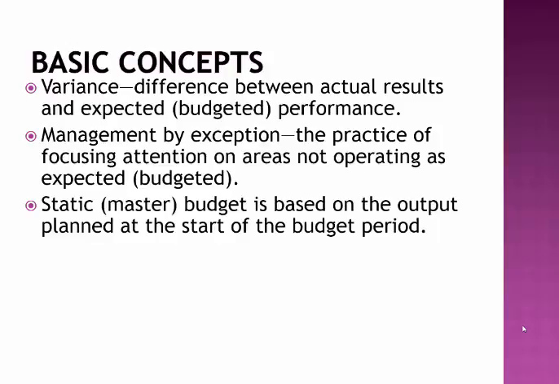And that's how we developed that master static budget. So make sure you've got that point down pat before we go in and start developing what is called our flexible budget, and also comparing both of those, the master static budget and the flexible budget, to our actual results.